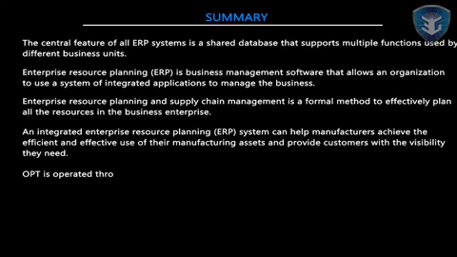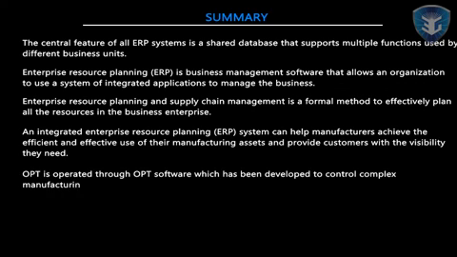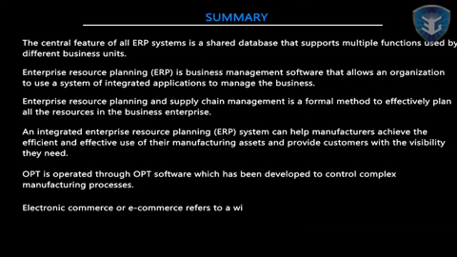OPT is operated through OPT software, which has been developed to control complex manufacturing processes. Electronic commerce, or e-commerce, refers to a wide range of online business activities for products and services.